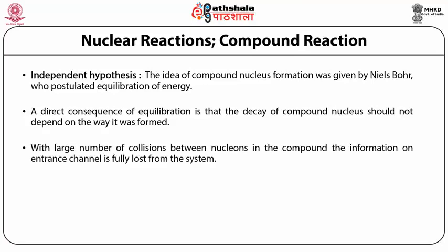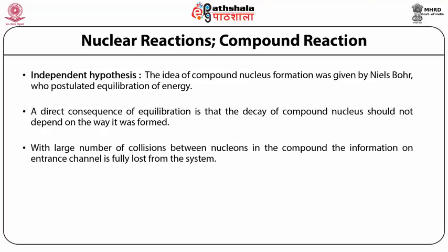With a large number of collisions between nucleons in the compound nucleus, the information on the entrance channel is fully lost from the system. As we have seen, in the case of a compound nucleus, the projectile and the target remain in contact for a longer period of time, so that a large number of nucleon interactions happen between them, and in that process the information on the entrance channel is fully lost.